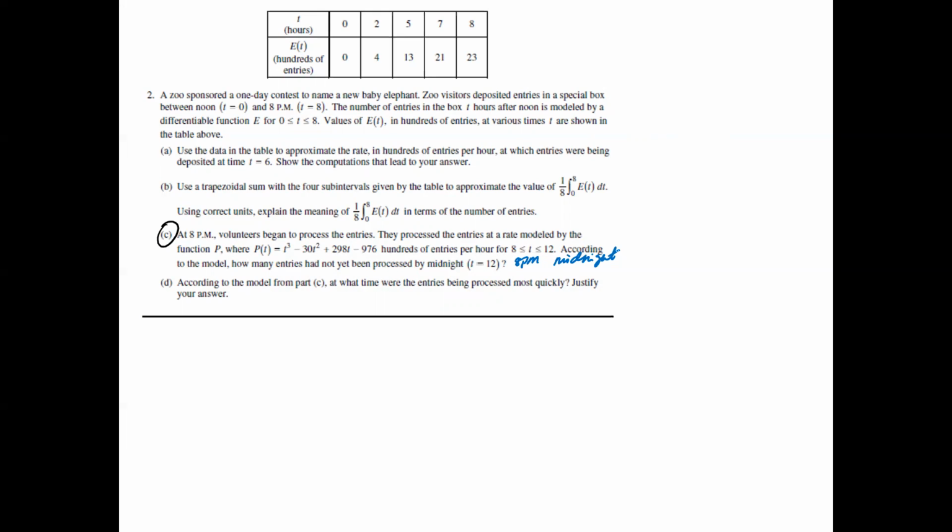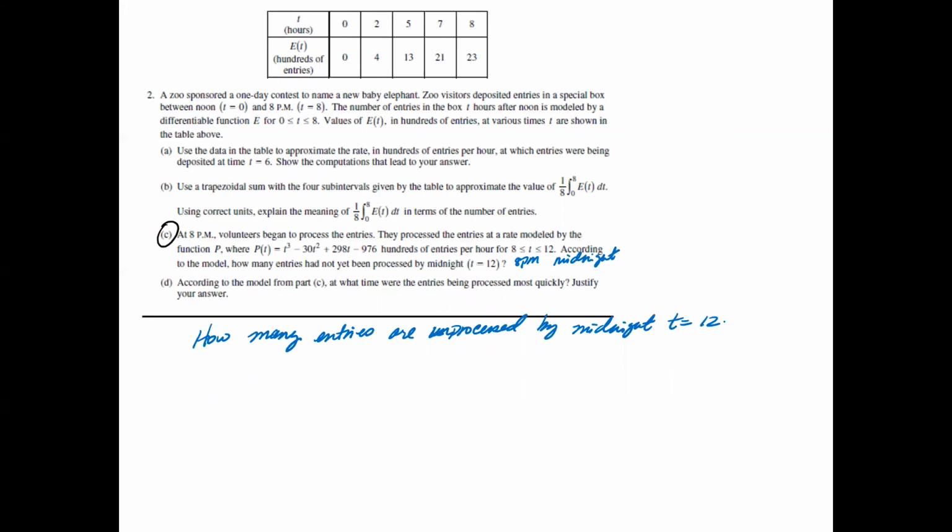So essentially what it's asking is how many entries are unprocessed by midnight when t equals 12.